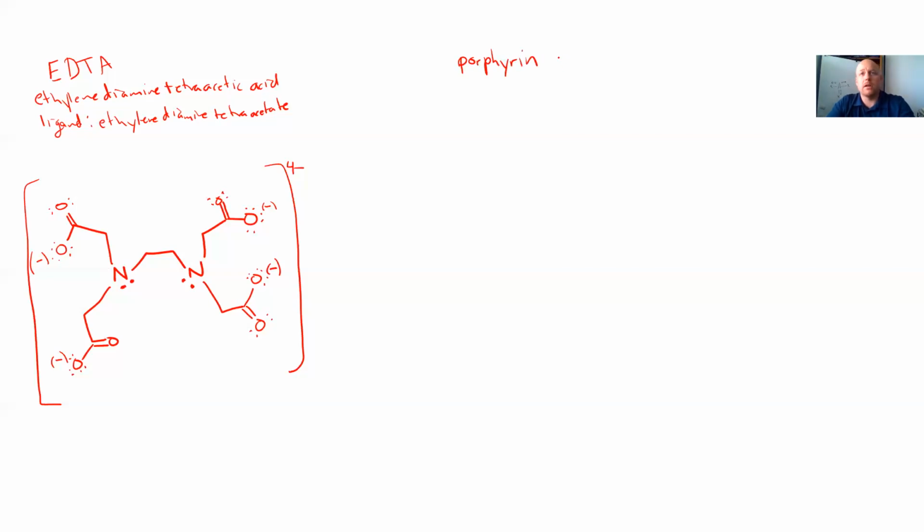Now, a porphyrin molecule is found in places like hemoglobin, okay, and chlorophyll, right? This particular type of ligand it's found in a lot of other biological systems as well.